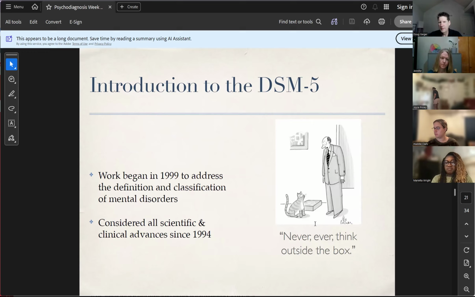Okay, so we won't talk about this much, but the DSM switched over from DSM-4 to DSM-5. I think it was around 2014-ish, around that area. So it's been around for 10, 12 years now, for quite a while. I don't know how long it is between each DSM. Seems like it's about 20 years or something.